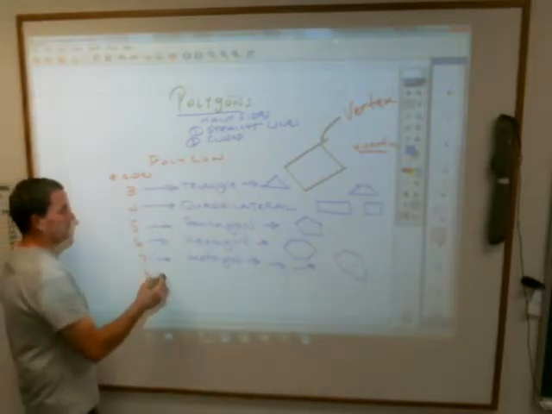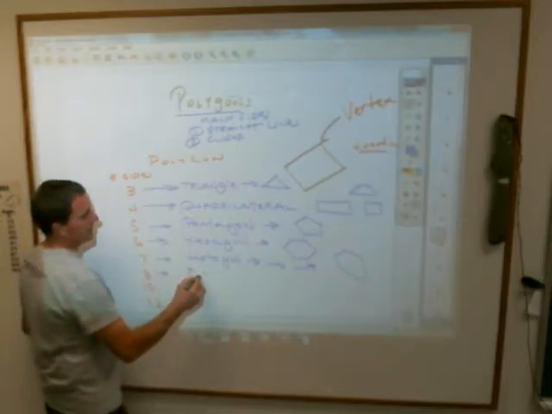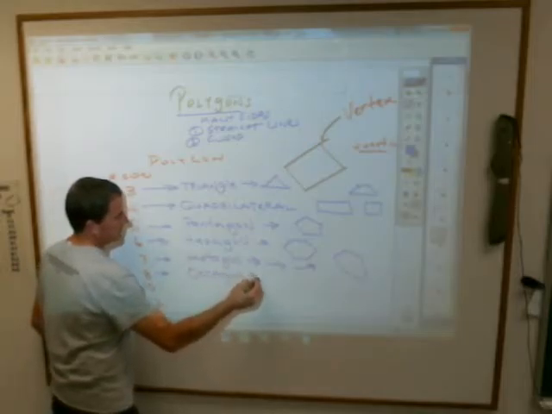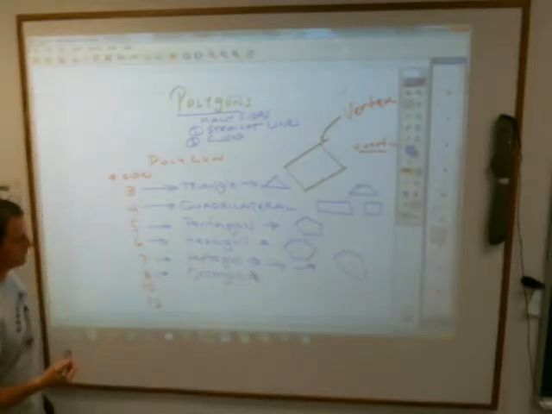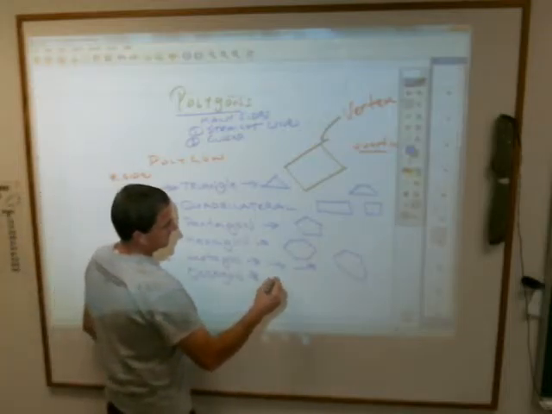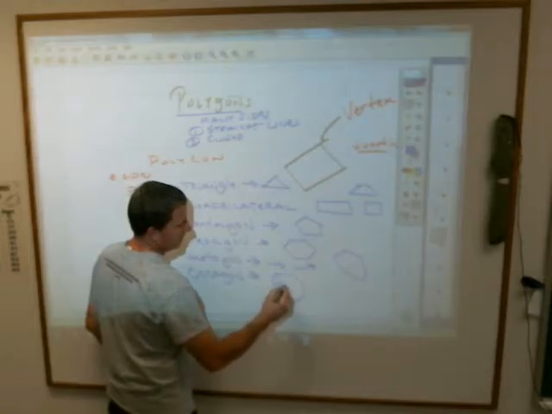An 8-sided shape, you probably know because that is an octagon. What's the thing that you see all the time that's an octagon, Sophia? A stop sign, yeah. 1, 2, 3, 4, 5, 6, 7, 8.